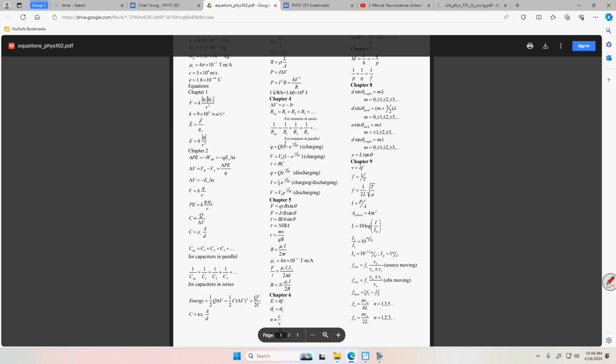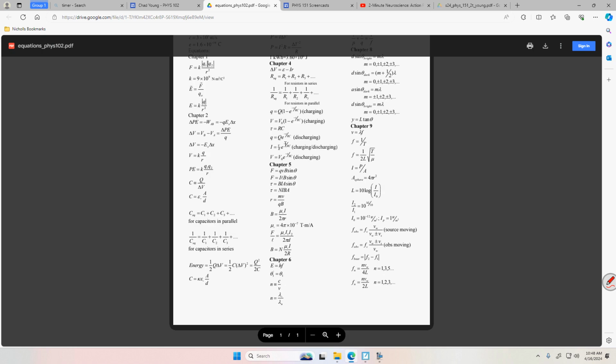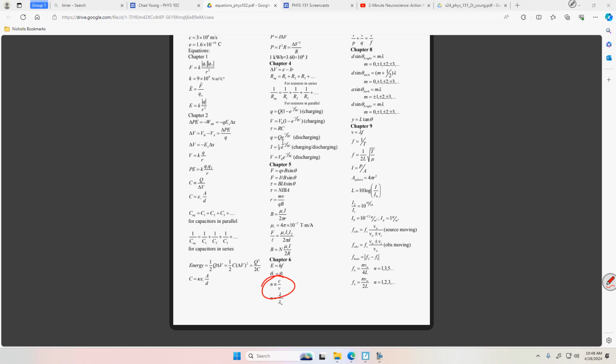You'll have this whole equation sheet, by the way. So, yeah, n is equal to c divided by v. So if n is big, that means v is small, and vice versa. There's an inverse relationship. Okay?